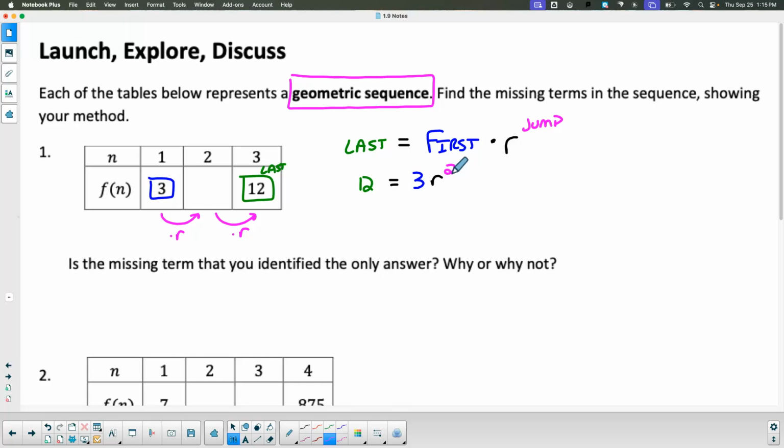Okay? Knowing your mathematical skills, what would you do first in this case? If we've got 3 times R squared on the right side, 12 on the left side. What will we do first? We want to solve for R. We want to find what our ratio is.